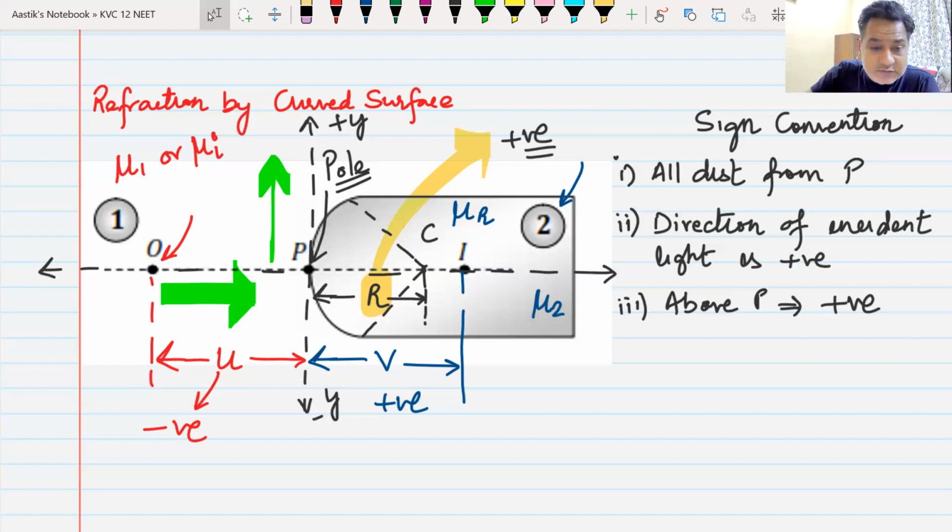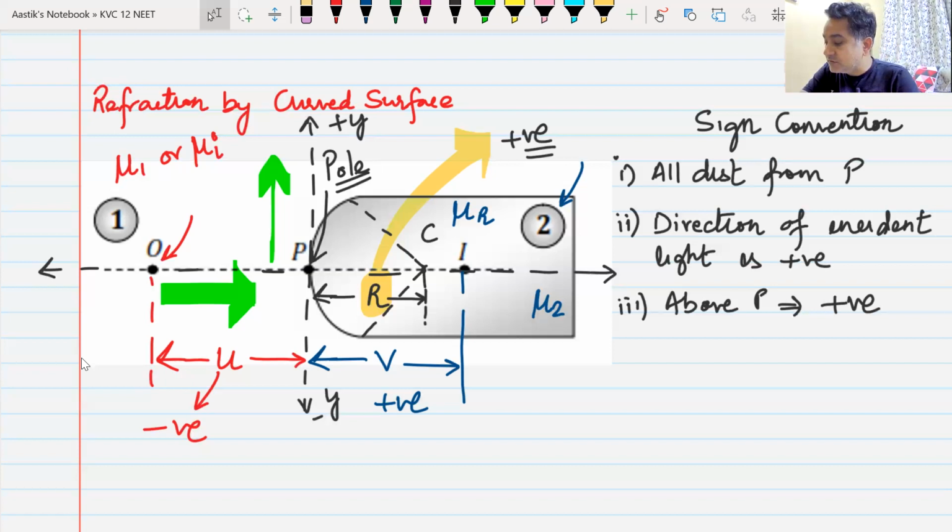Do we understand this? Yes or no? Yes, sir. That is the most important aspect. Just don't say this is positive, because along the positive x axis is only positive if light is coming from the left hand side. If light is coming from the right hand side, everything gets reversed. Do we understand this? Yes, sir.